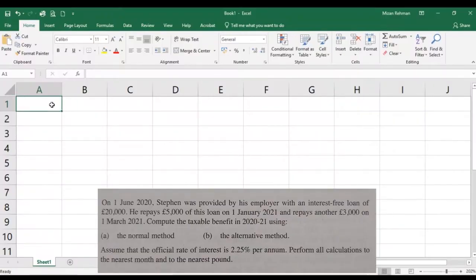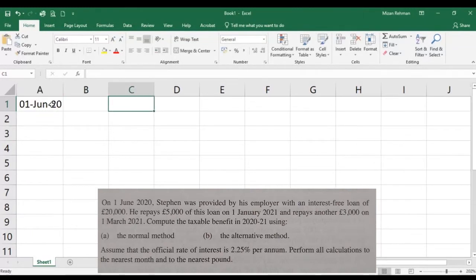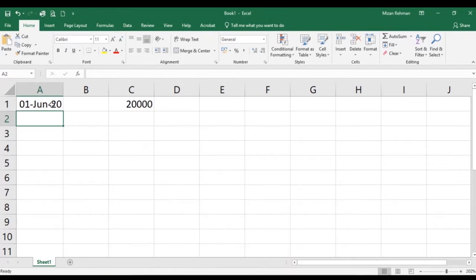So the loan was given on 1st June 2020, and the amount was 20,000. On 1st January 2021, he pays back 5,000.